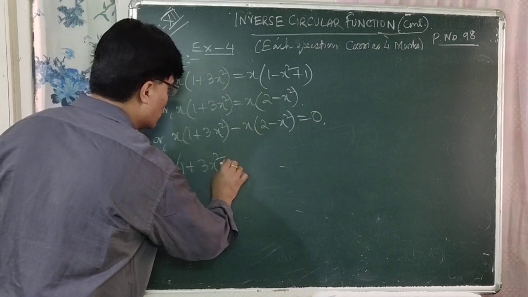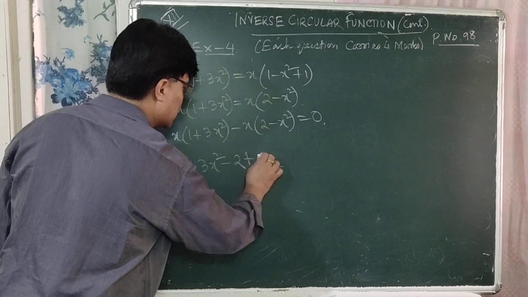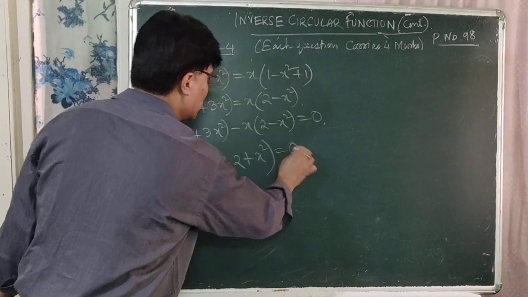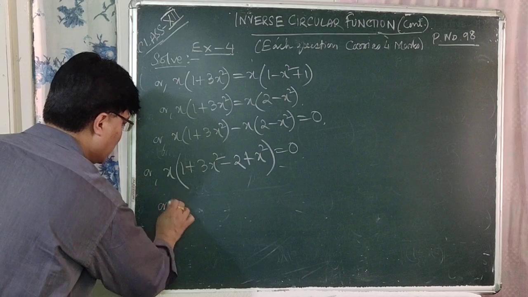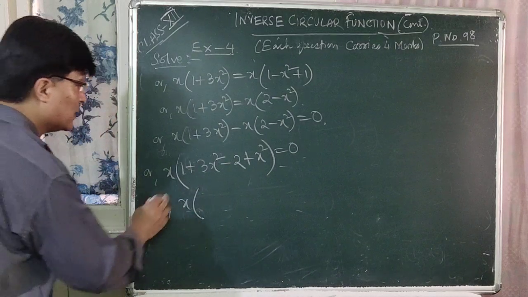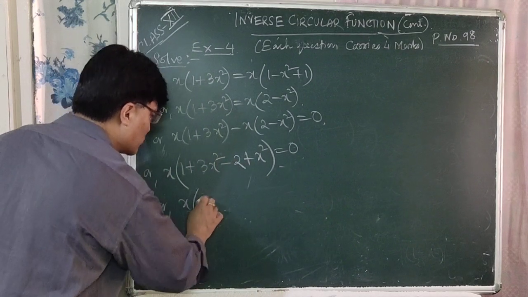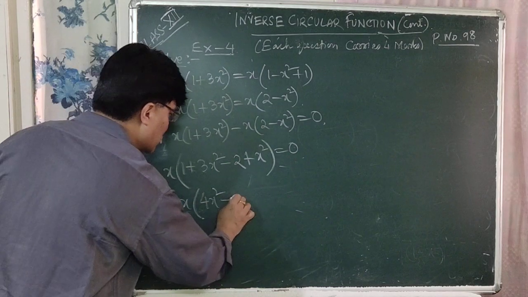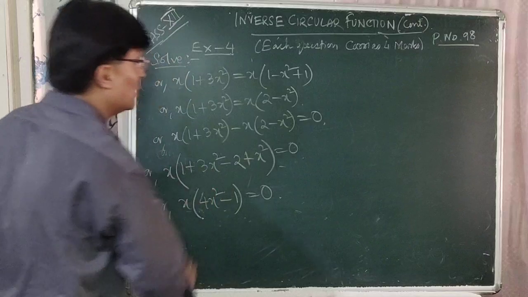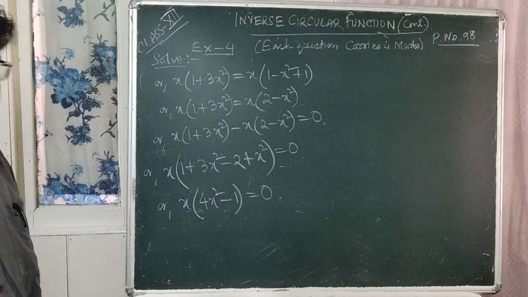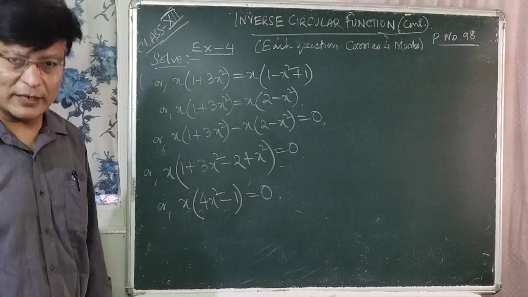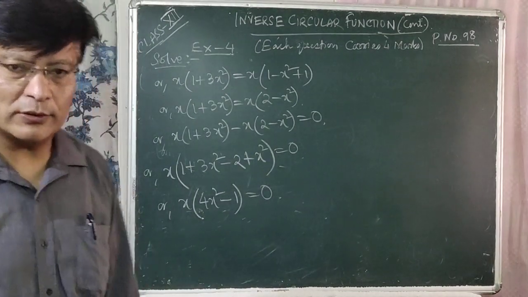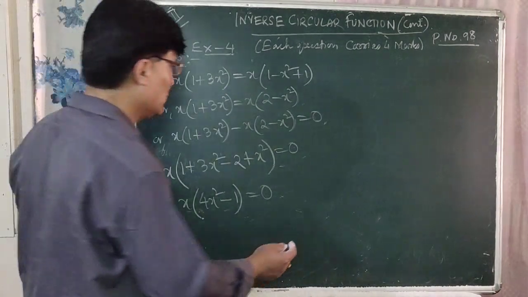So minus 2 plus x square, right? Which is equal to 0. Or x within bracket, this is 3x square plus x square, that is 4x square, plus 1 minus 2 is minus 1, which is equal to 0. So we got this simplified relation: x into (4x square minus 1) is equal to 0. Now what will you write? Either or. Okay.